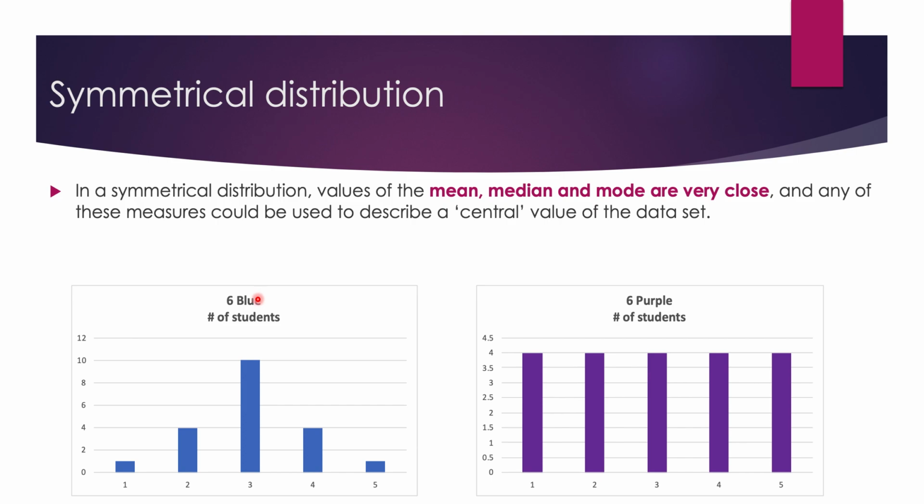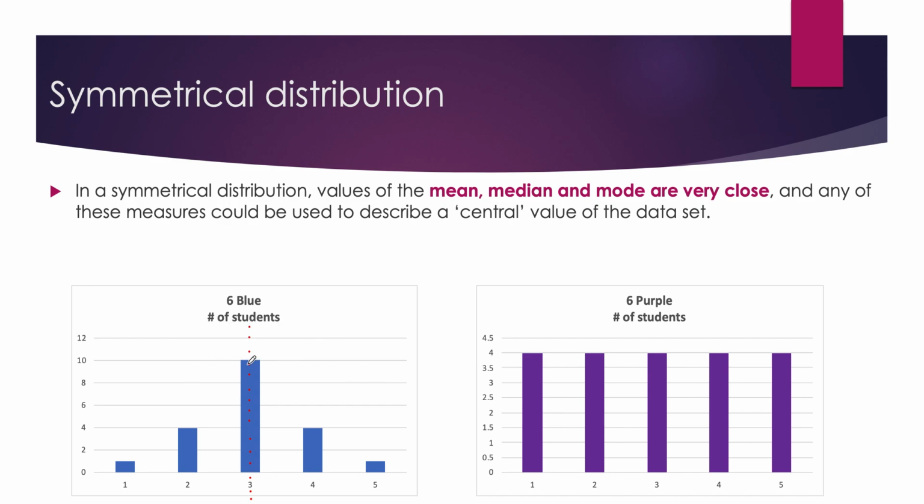Basically it means that you can divide your graph around the mean or the average, and you get a symmetrical shape.